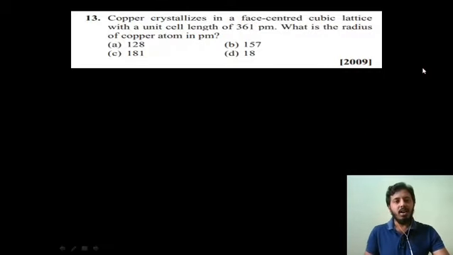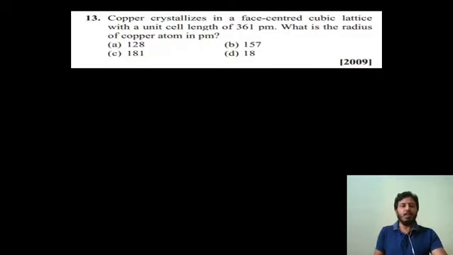Question number 13. Copper crystallizes in a face-centered cubic lattice with a unit cell length of 361 picometer. What is the radius of copper atoms in picometer? Here we have to calculate the radius of a face-centered cubic lattice. Just now we have discussed the relationship between radius as well as edge length.